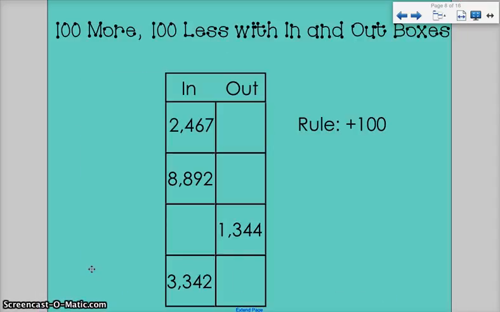Yesterday we did 100 more and 100 less than. Let's try using it with in and out boxes, looking for patterns. So our rule is plus 100.